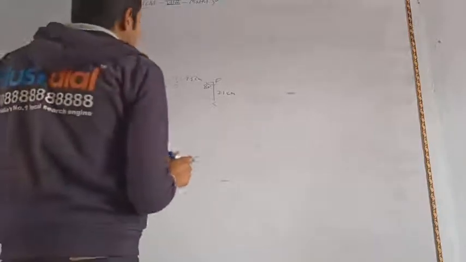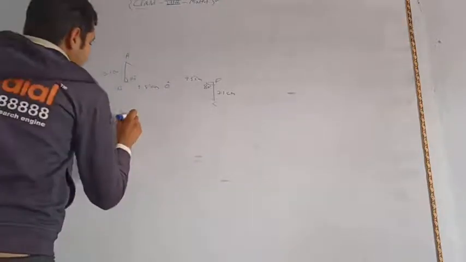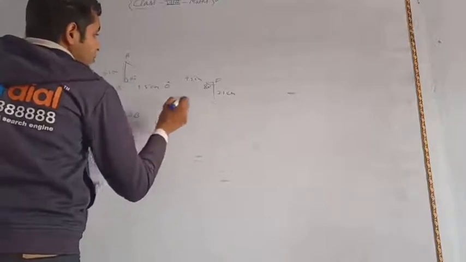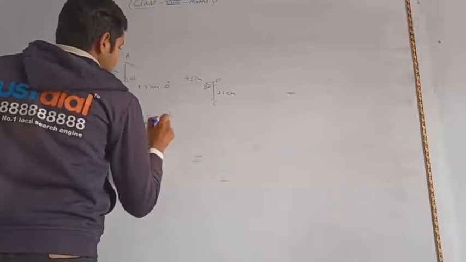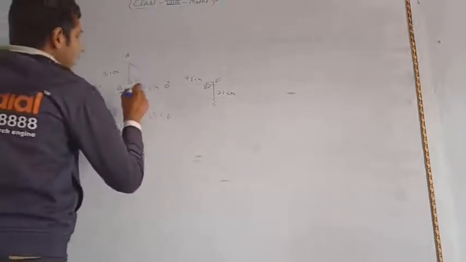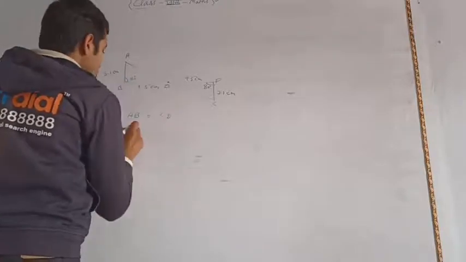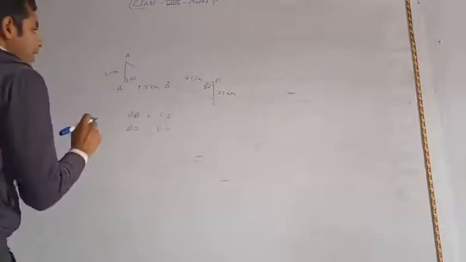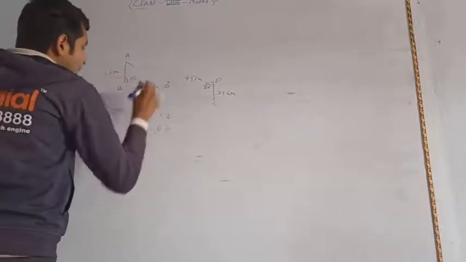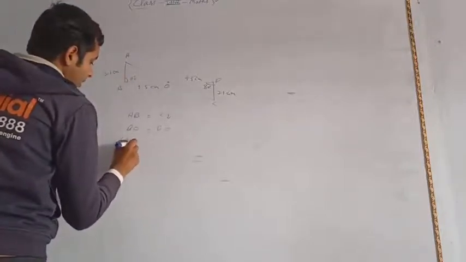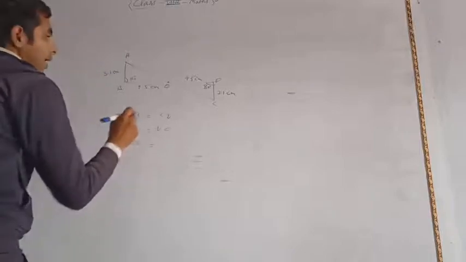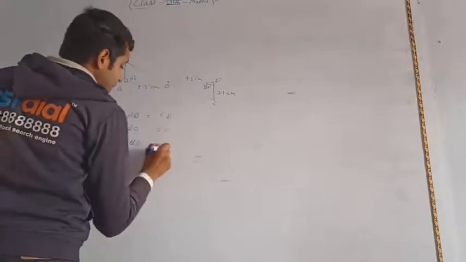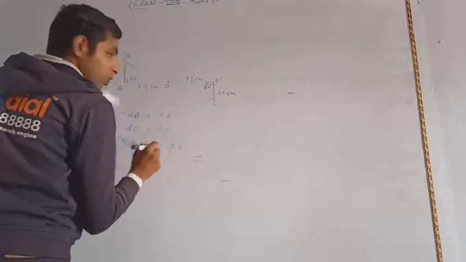So here you can see that side AB is equal to side CD, and side BO is equal to side DO, and angle ABO is equal to angle CDO.